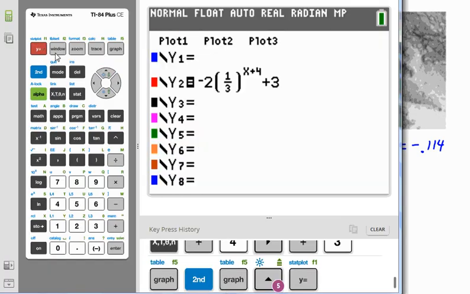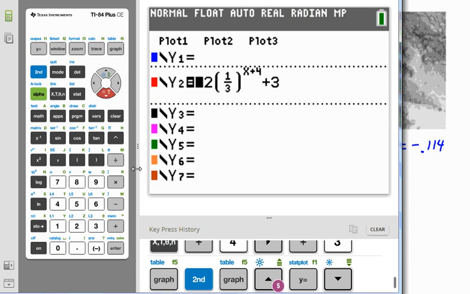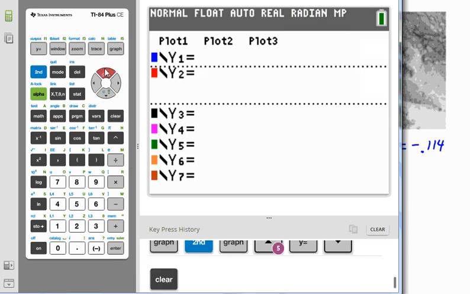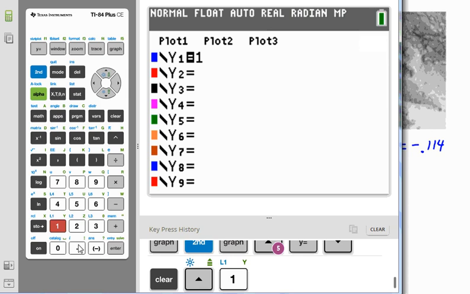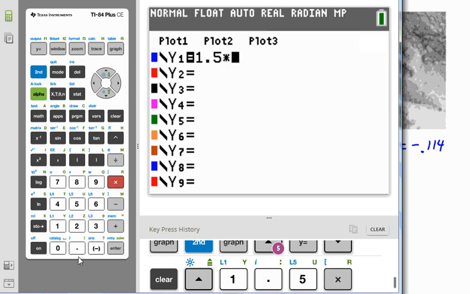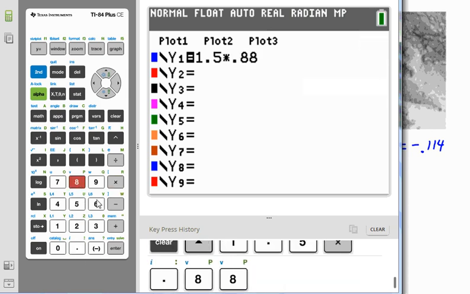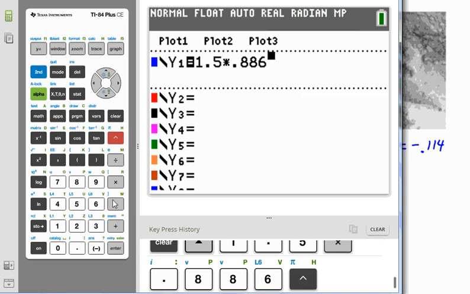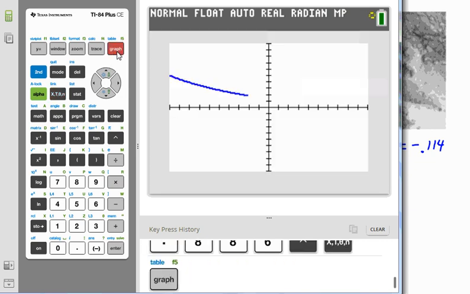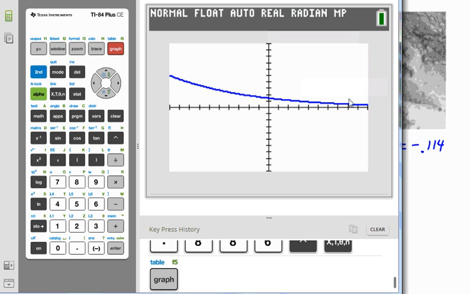So the equation we put in here is 1.5 times 0.886 to the power of x. I'll put this there. And if we graph this function, this is what it looks like.